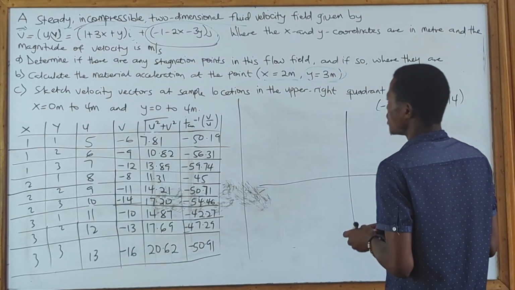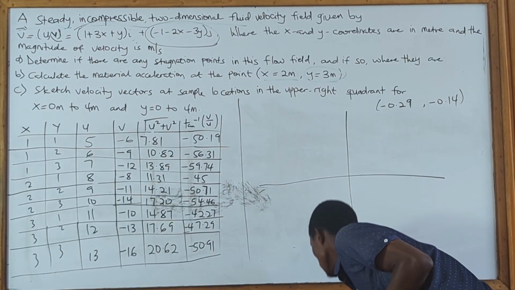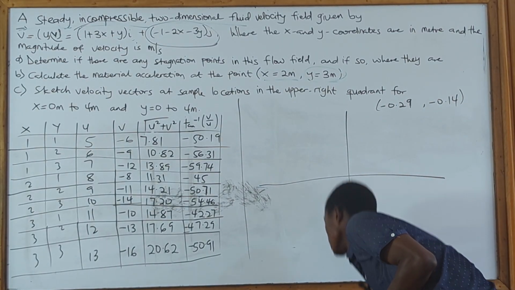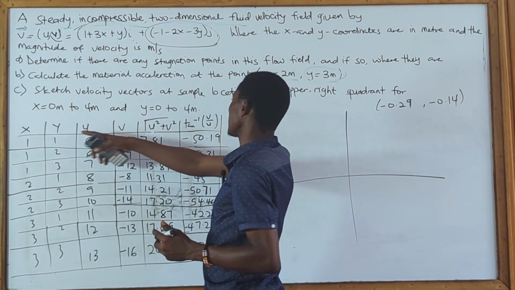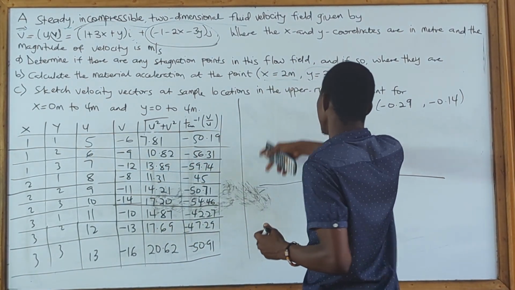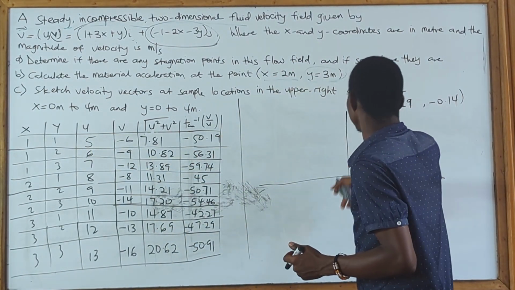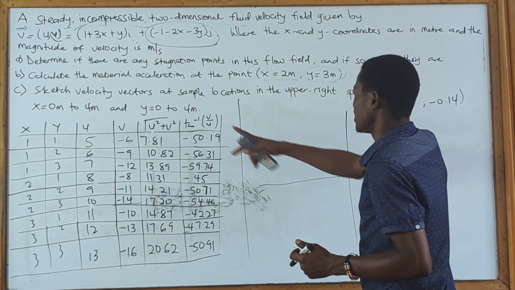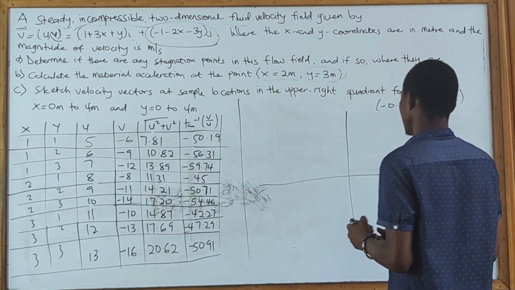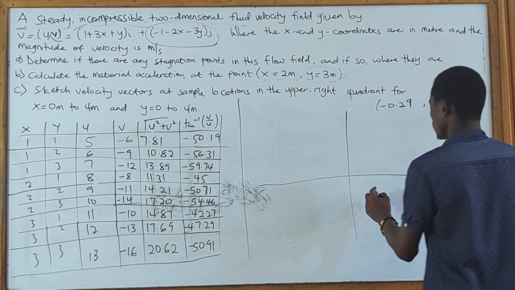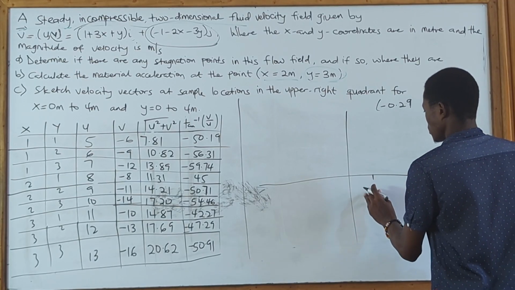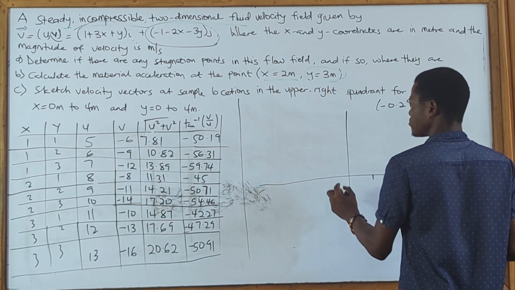So we are going to get the scale for our graph, and we are going to plot y against x. So y on the y axis, sorry, and x on the x axis. So we are going to generate our scale.